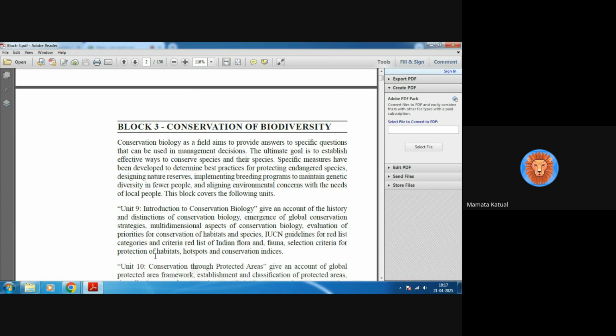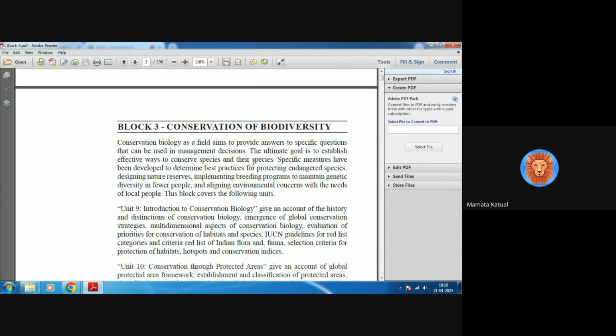Conservation of biodiversity. So, conservation biology is a branch of biology, or a field, and it gives an idea about how to manage and conserve biodiversity. So the goal of conservation biology is to establish effective ways to conserve species and their habitats.